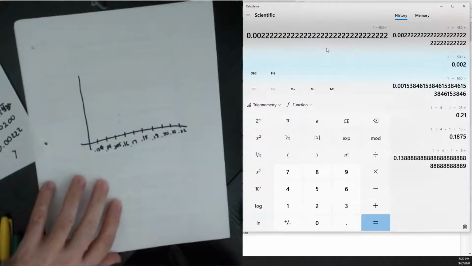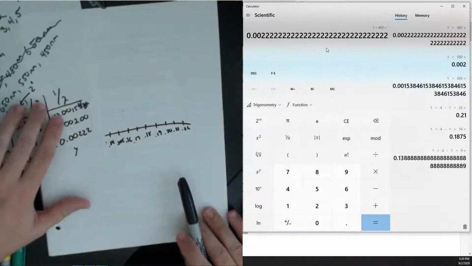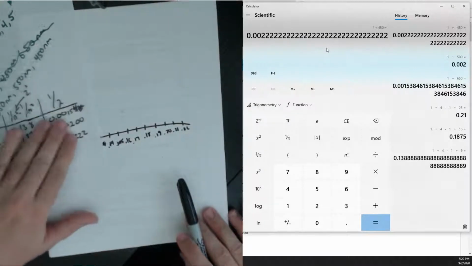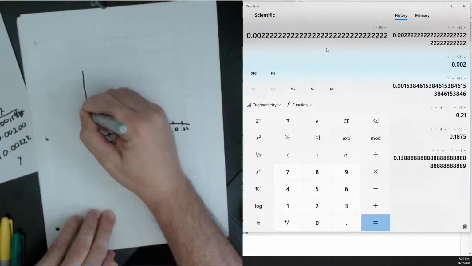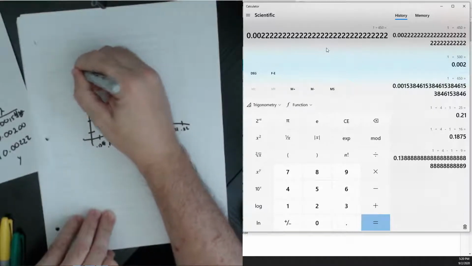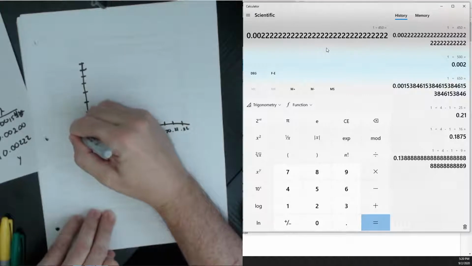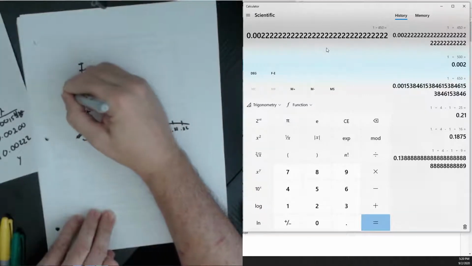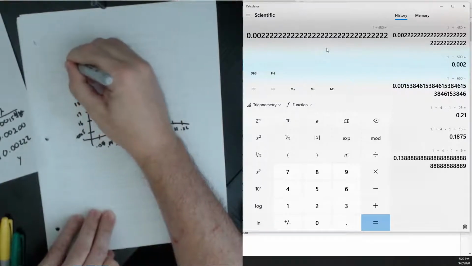And then our y values will run from a little bit above 0.0015 to just above 0.002. So let's go 15, 16, 17, 18, 19, 20, 21, 22, 23. All right. So these are 0.0015, 16, 17, 18, 19, 20, 21, 22, 23.